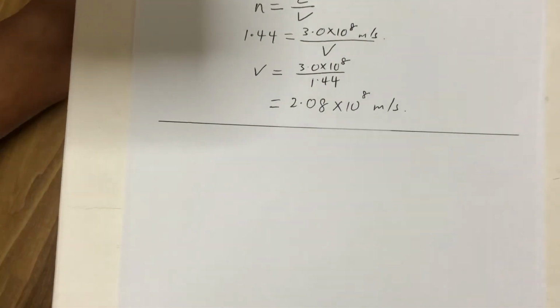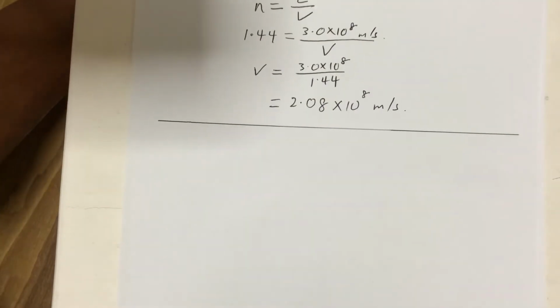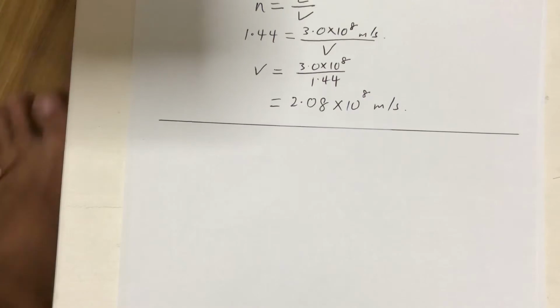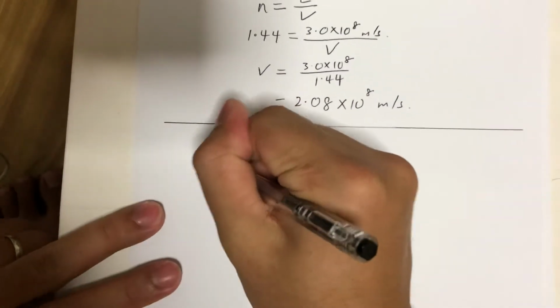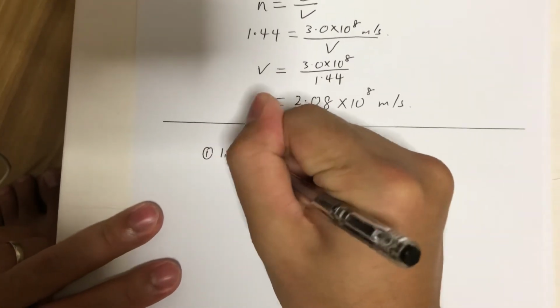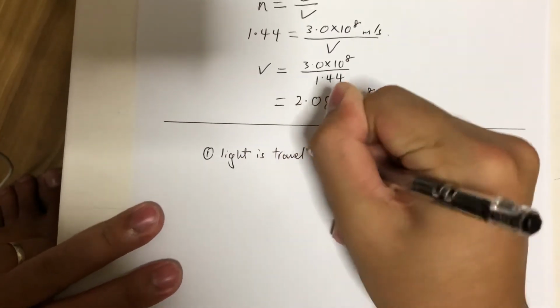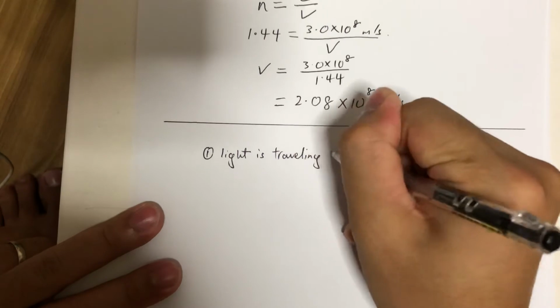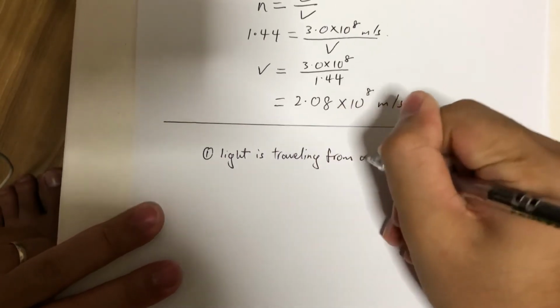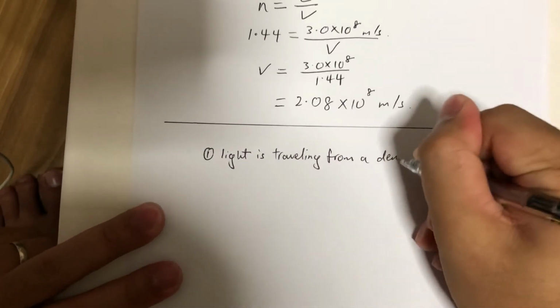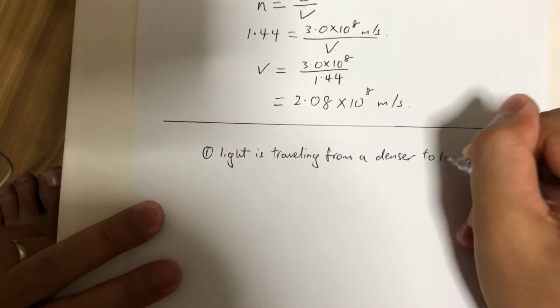So down here I will have 2 special conditions. The first condition would be light is traveling from a denser to less dense medium.